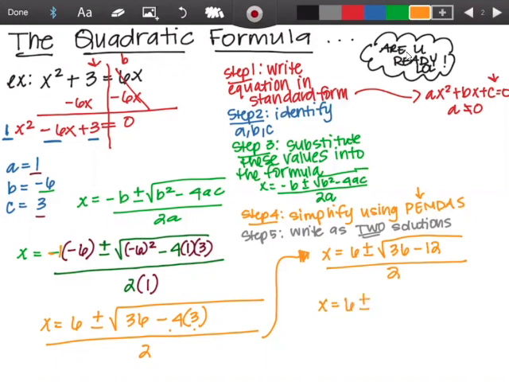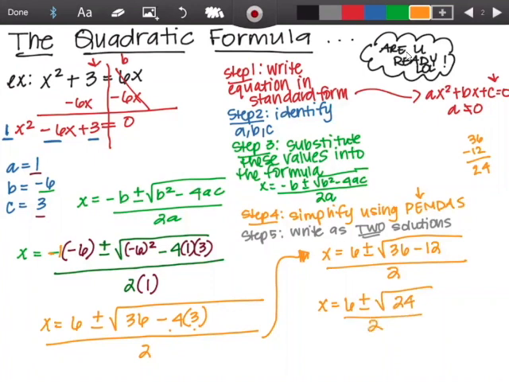6 plus or minus the square root of 36 minus 12. So if you don't have a calculator, make sure you know how to do the subtraction. That will leave us with the square root of 24 over 2.